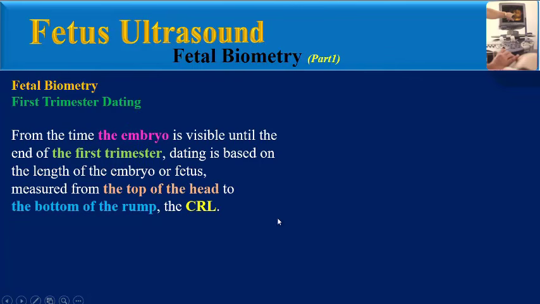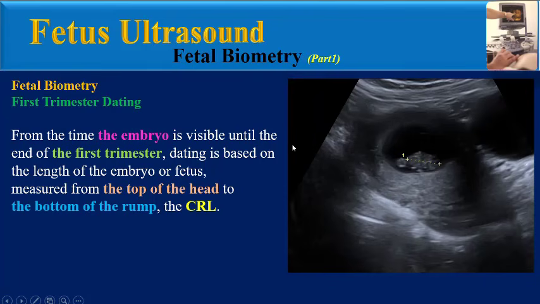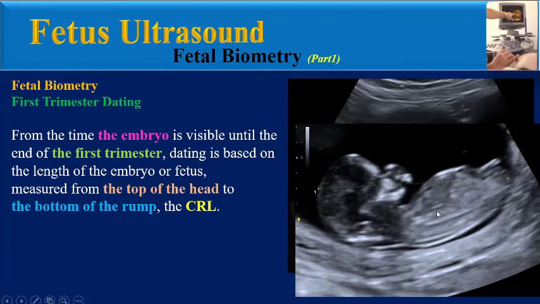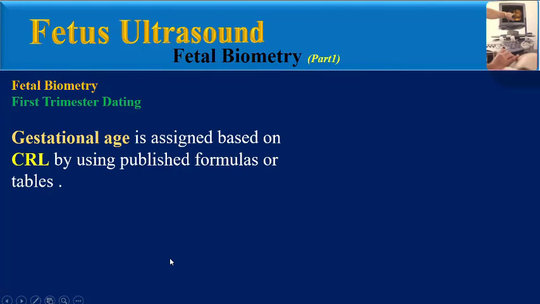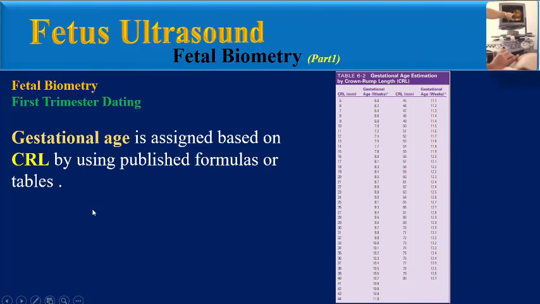From the time the embryo is visible until the end of the first trimester, dating is based on the length of the embryo or fetus measured from the top of the head to the bottom of the rump, named crown-rump length. Gestational age is assigned based on CRL by using published formulas or tables.